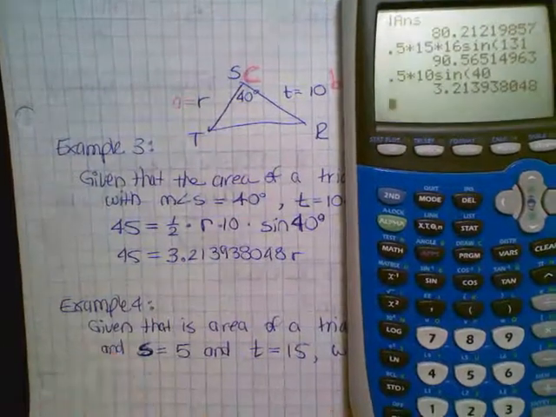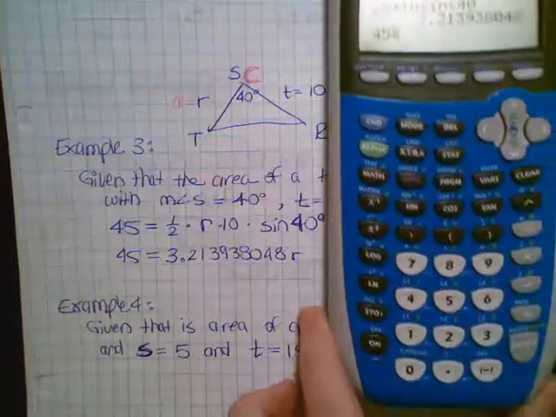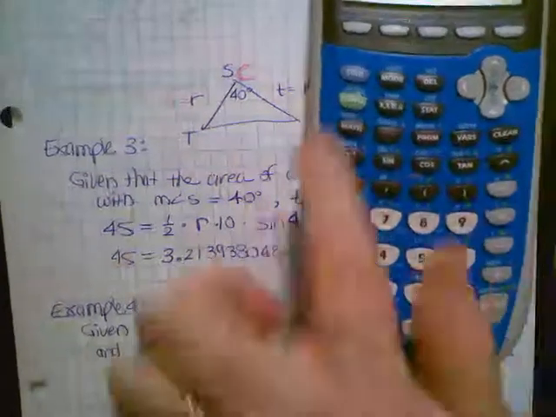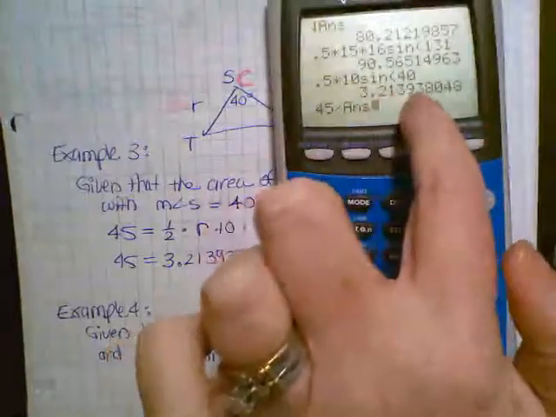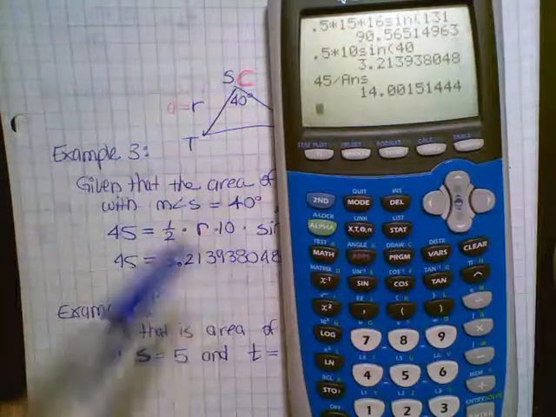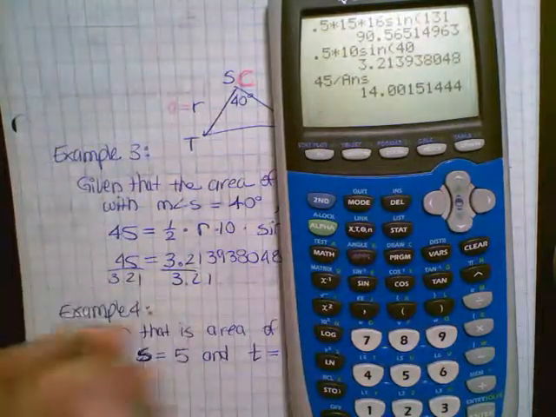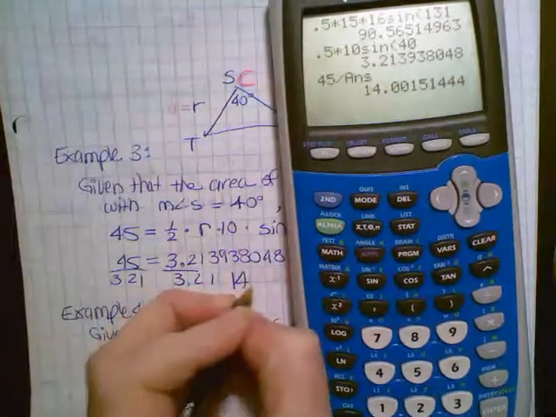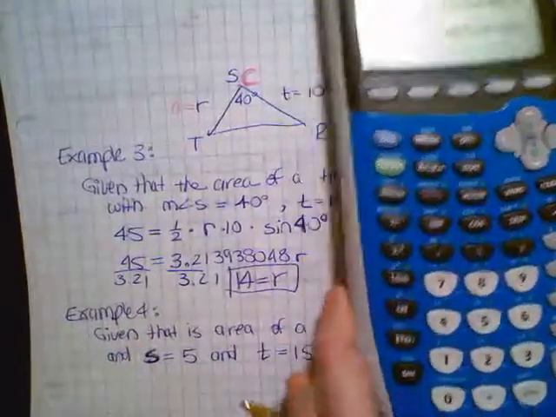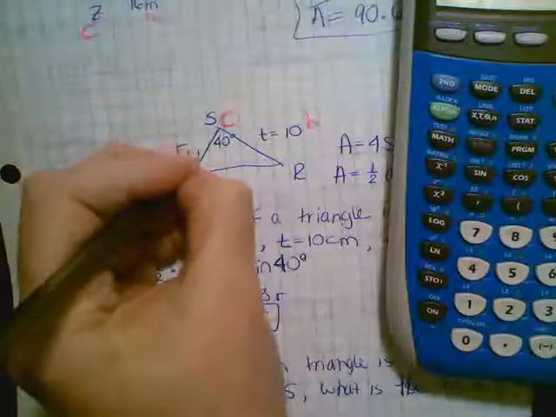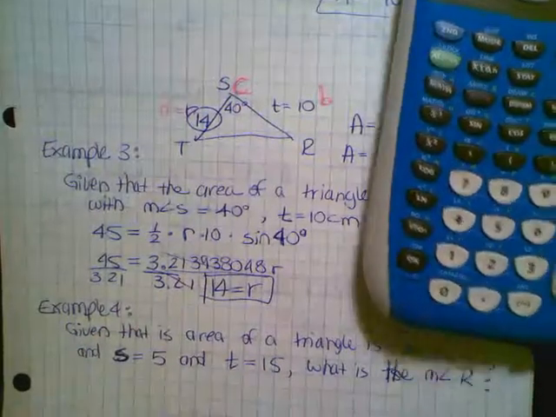In my calculator, so I don't have to really worry about that whole big thing, I'm going to do 45 divided by, and then I'm going to hit second and then answer down here, because what that's doing is pulling that number in, and then I'm going to hit enter, because that's what I had to do here. I had to divide by 3.21 nonsense, right? So I ended up with 14 is equal to R. So the missing side on this diagram is 14, because I divided those two.